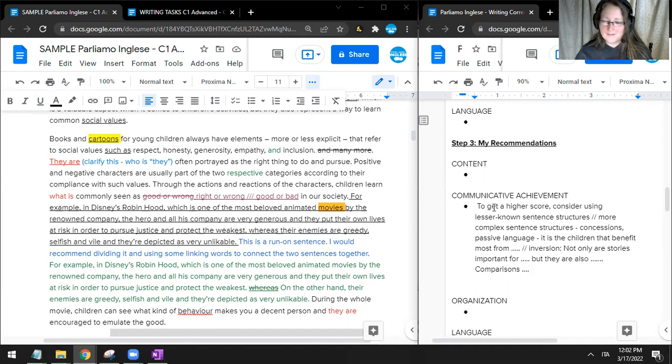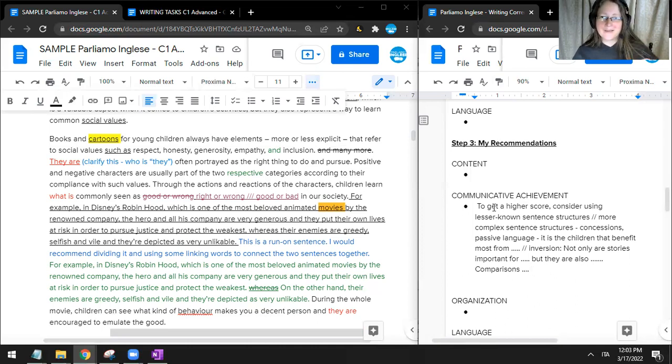I just want to say that when we're writing the C1 Advanced or the B2 First exam, even if we're not 100% confident with using a form, we will still get rewarded for trying them. And also the same with using higher level, more complex vocabulary words. We will also get rewarded for attempting to use that kind of language.